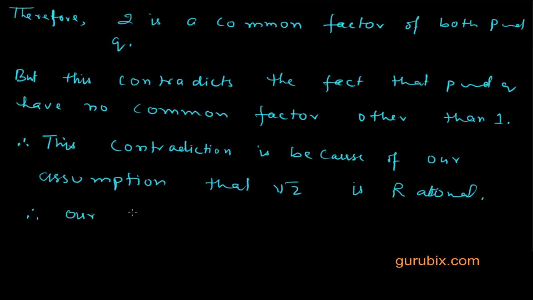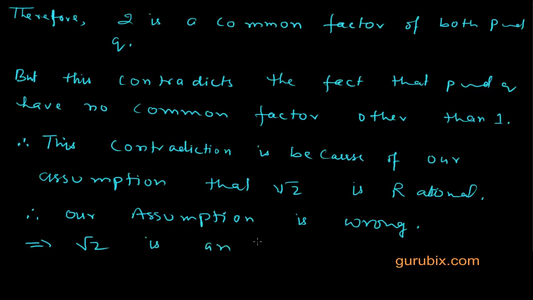Our assumption is wrong. This implies that under root 2 is an irrational number. This is the proof.